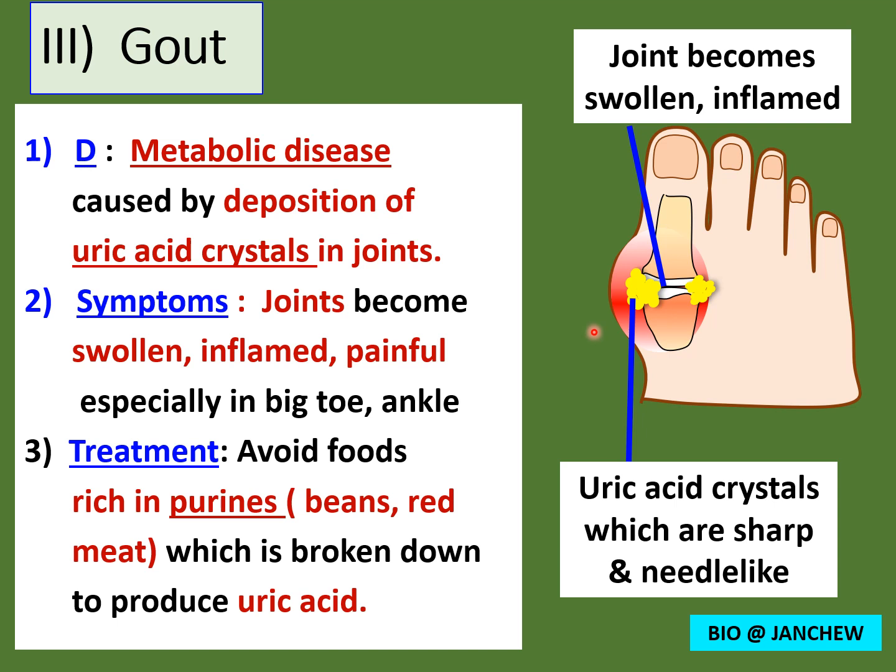The level of uric acid in the blood is high, maybe because the kidney cannot excrete all of the uric acid or most of the uric acid like in normal people. So when the level of uric acid in the blood is high, some of the uric acid will be deposited in the joints, and that causes gout.